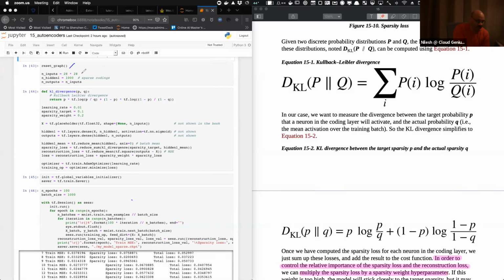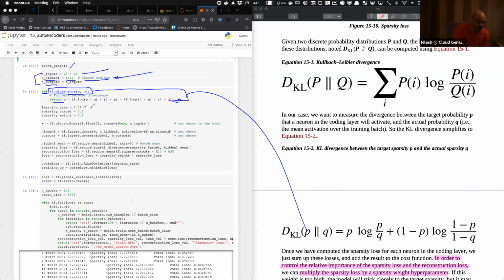Reset the graph, provide an input space, and this space is 1000 hidden 1. Output matches input. So our layer is only one in between with sparse encoding. We define a function that returns the divergence itself, the same divergence function here.